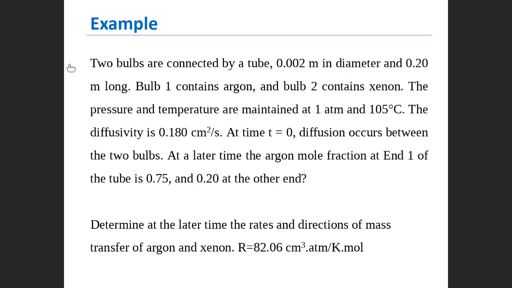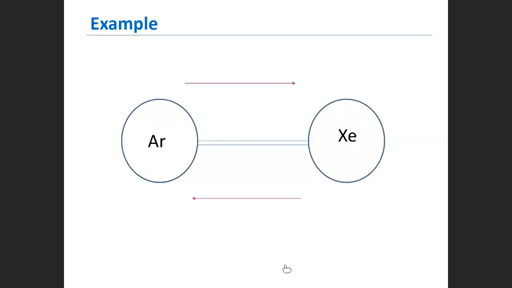Okay, our last slides will be about an example. The example is basically telling us that there are two bulbs, like two balls, which are connected by a tube. If you look here, you have these two bulbs, and they are connected by a tube.